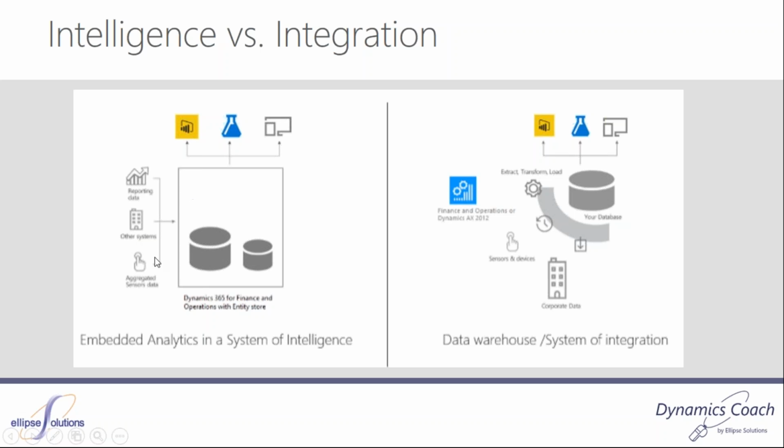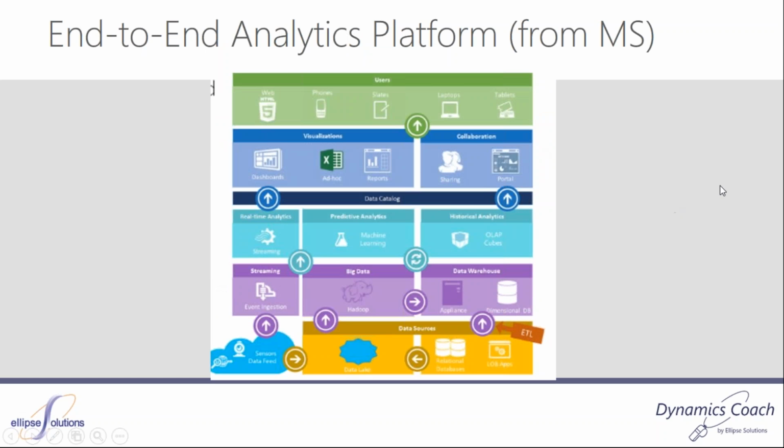So that's really centering around your ERP, where if you're using it more as a data warehouse or a system of integration, you have your database in the middle, and you have your ERP and your Power BI and different things to the outside, sending out and bringing in information. Let's get to the next area.